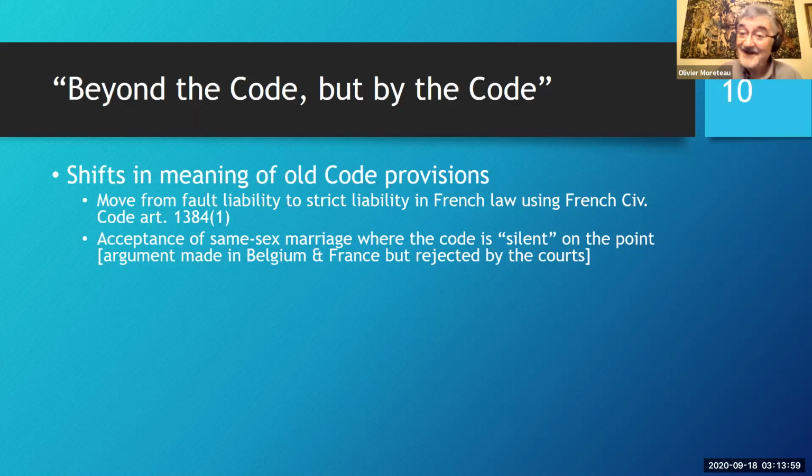And here you have, with this modern method, a sort of conflict. Should you do this from the courts using the Geny method, or should you wait for the legislators to do the job?